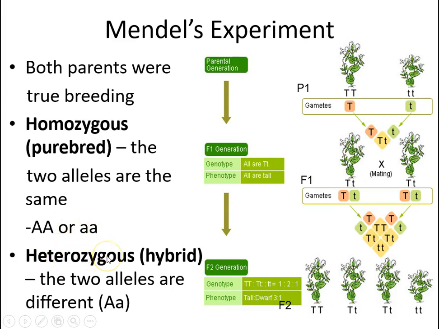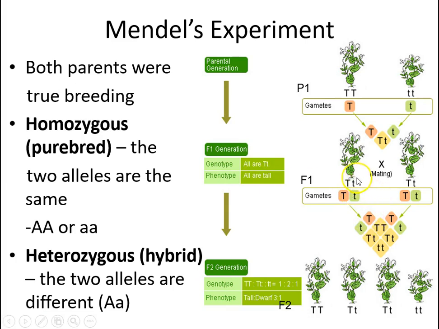And those parents are going to either show the dominant or the recessive trait. So when we say true breeding, we have one parent that was homozygous dominant and one parent that was homozygous recessive. When we cross them together, we get all the offspring are heterozygous because they have capital T, lowercase t. And our phenotype, our physical appearance, would be tall plants because that is the dominant trait.